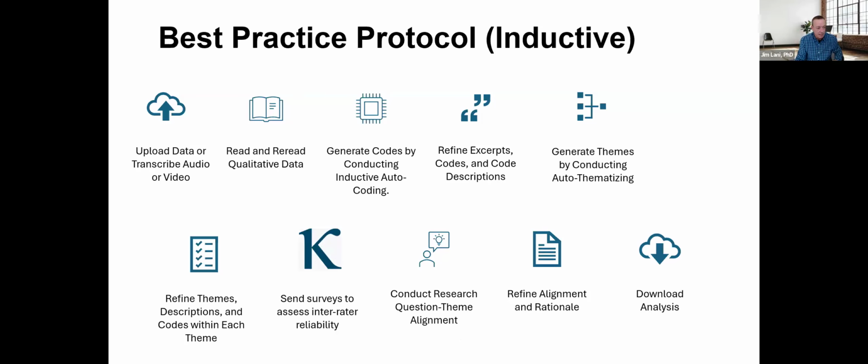That's the end of the tennis swing, and then there's a refinement of that, and then there's download. One thing I did not put in here, but I'll demonstrate, is that there are some visualizations that give you a different flavor and a different way of looking at what you've produced.